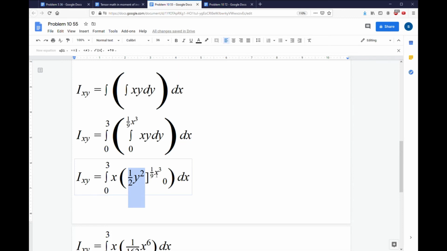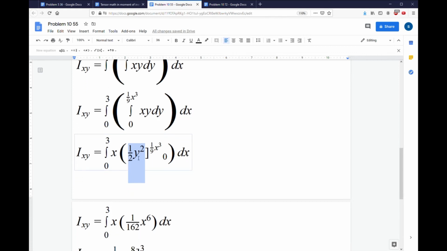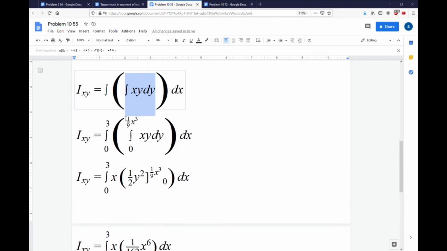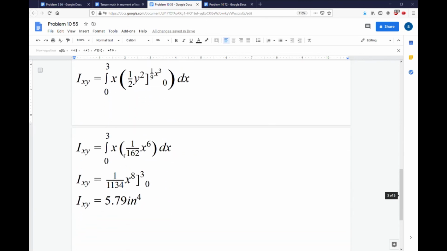So plugging in 1/9 x cubed for y, we get 1 over 81, or because there's that extra 1/2 there, 1 over 162 times x cubed squared, which is x to the 6th power. So the value of this inner integral, with these bounds, is 1 over 162 times x to the 6th power.